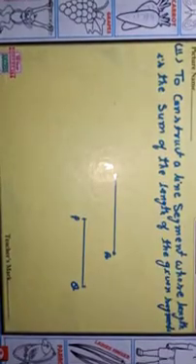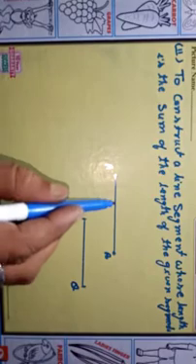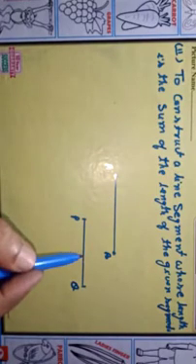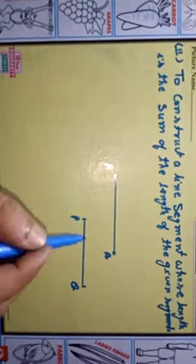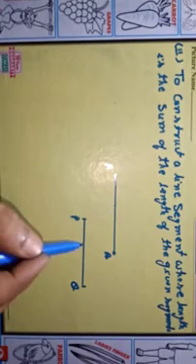Now next, to construct a line segment whose length is the sum of the lengths of given segments. Suppose two line segments AB and PQ are given. Construct a third line segment whose length is equal to the sum of the lengths of AB and PQ.